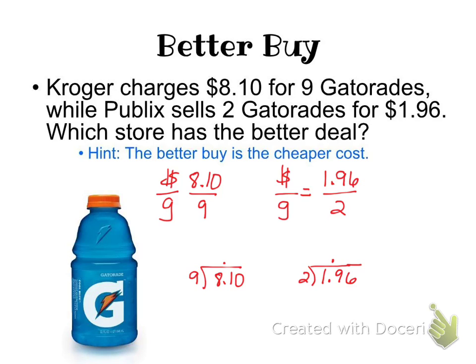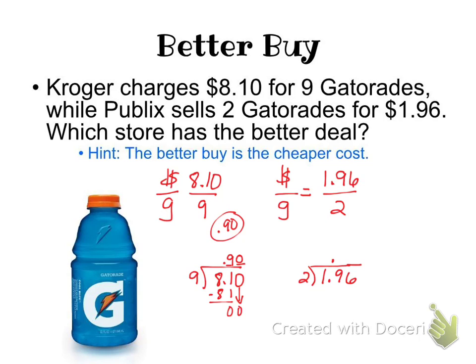All right, so how much is it per Gatorade at Kroger? 90 cents, because if you divide 9 into $8.10, you'll get 9 here. That's 81, subtract. And don't forget, you have to put something above that 0, so it's going to have to be 90 cents. So this one is 90 cents per Gatorade.